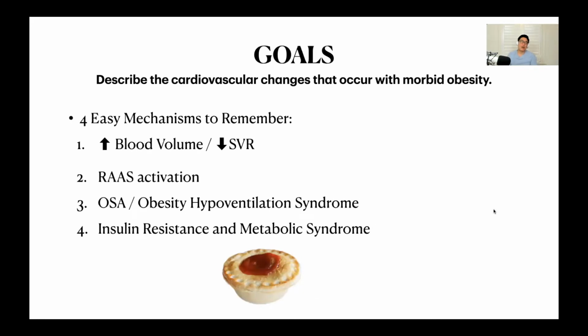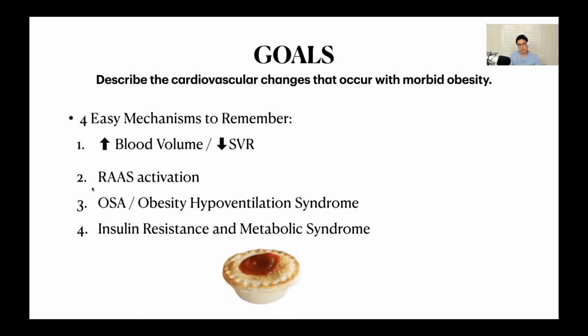Now, what are the goals for today? With regards to this question, describe the cardiovascular changes that occur with morbid obesity, the goals are to remember these 4 mechanisms. The first is an increase in blood volume and a decrease in systemic vascular resistance.